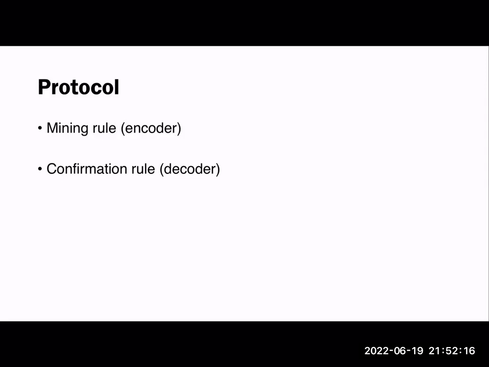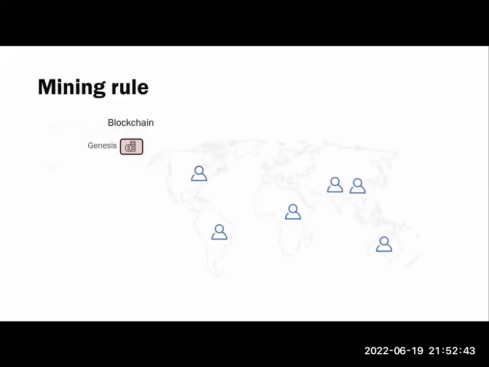Of course, this is not a centralized encoder or a centralized decoder. This mining rule and confirmation rule are run at every node based on the data they received. So what you want is that the mining rule should be designed in such a way that when you decode, when you do confirmation, you have agreement across multiple nodes. Okay, so first, the mining rule.